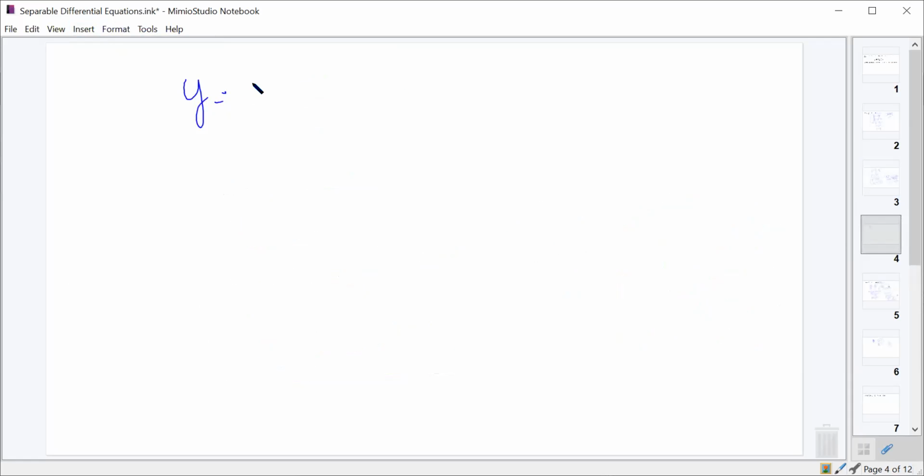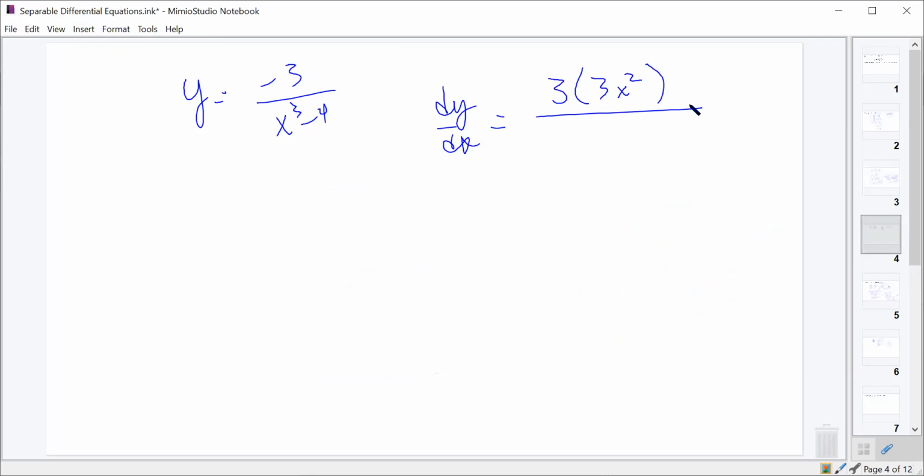If y equals -3 over x cubed minus 4, then what do we get if we take that derivative? This is the reciprocal rule, so dy dx should be the opposite, so the negative will cancel out. The 3 will still be there. We multiply by the derivative of the denominator over the denominator squared.